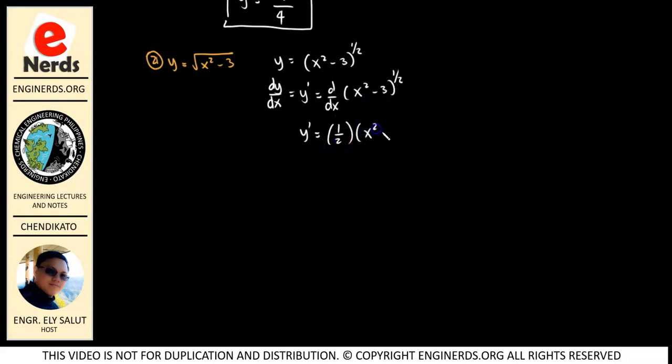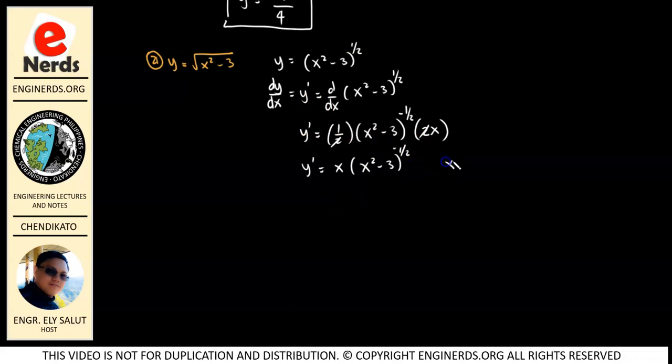Then (x squared minus 3) to the 1/2 minus 1 is equal to negative 1/2. Then the derivative of x squared minus 3 is equal to 2x. So our 2 will be cancelled out. So we'll have here y prime is equal to x times (x squared minus 3) to the negative 1/2.